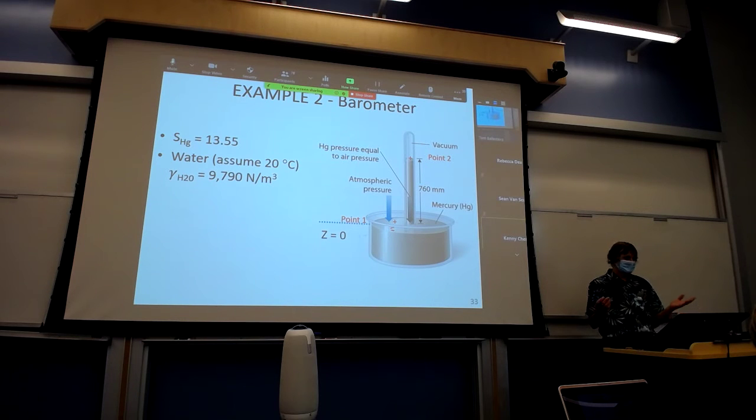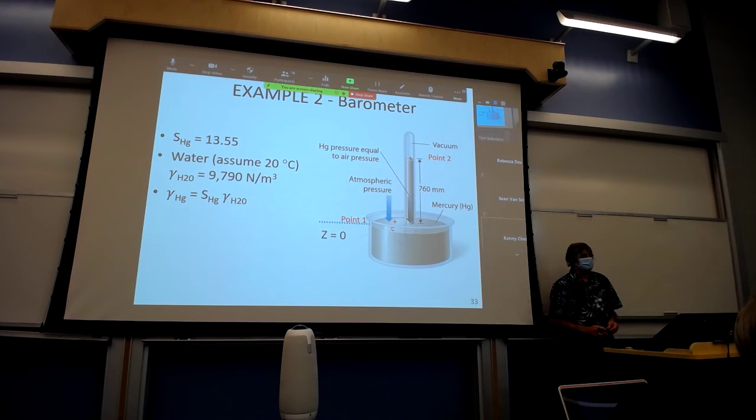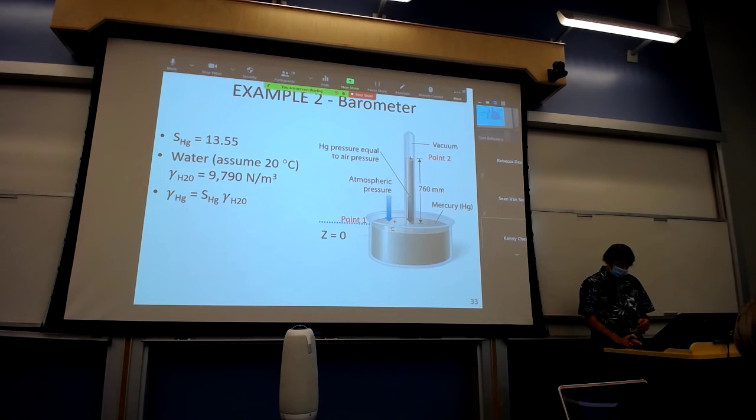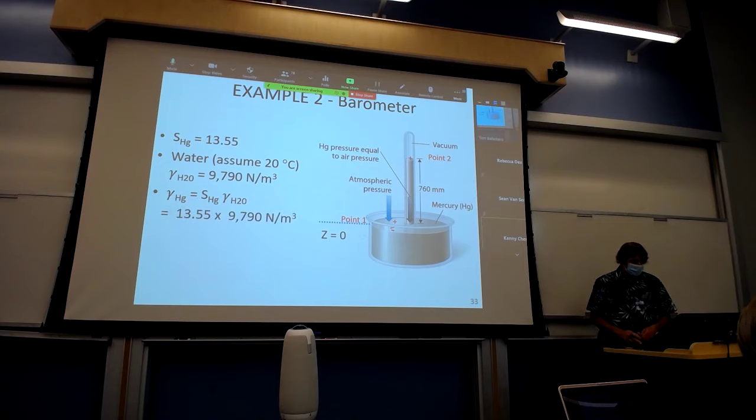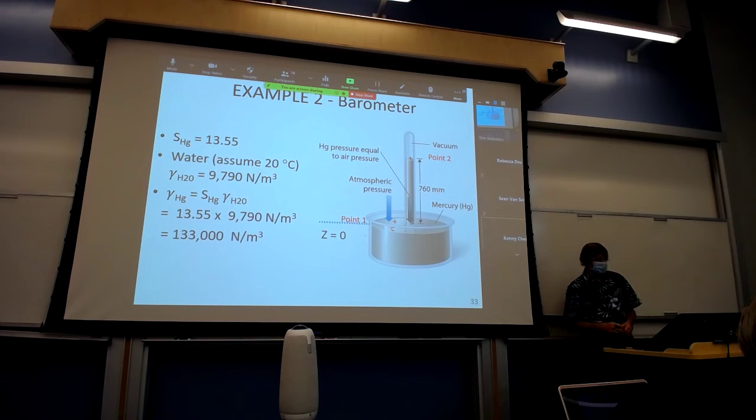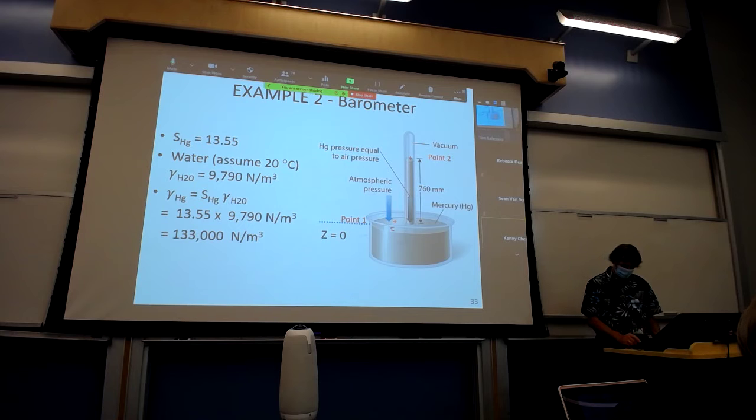And you know that specific weight of any substance is equal to specific gravity of the substance times the specific weight of water, right? And so we'll calculate that out, and you'll see that the specific weight of mercury is 133,000 newton per meter cubed. And again, I just rounded to 3 digits.